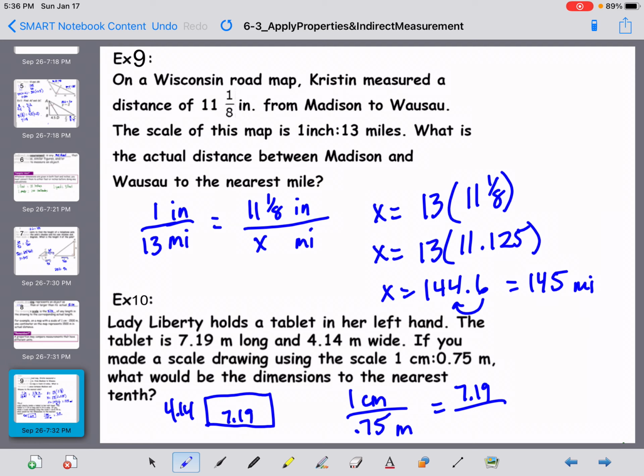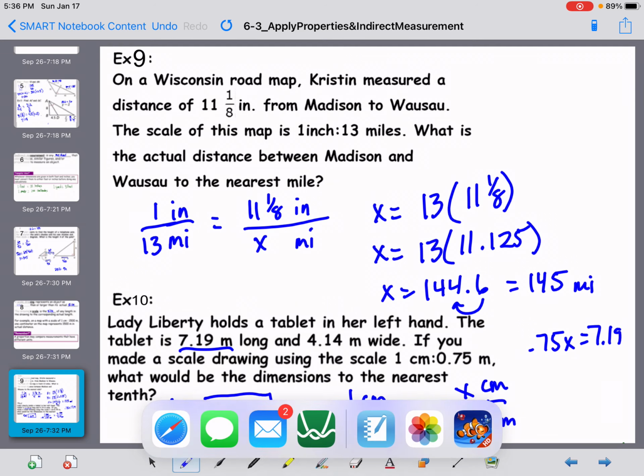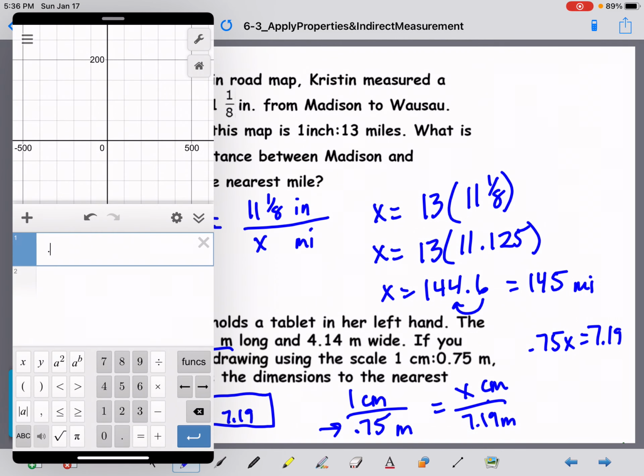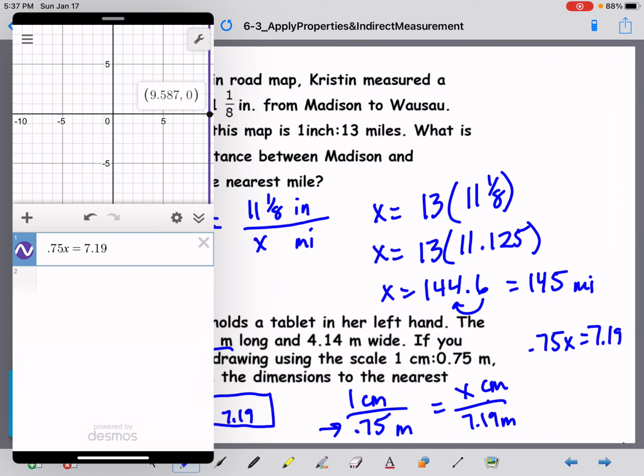So if meters is on the bottom, so it's got to be right here. And x centimeters. All right, so cross multiply. 0.75x equals 7.9. x equals 7.9 divided by 0.75, and 9.587.